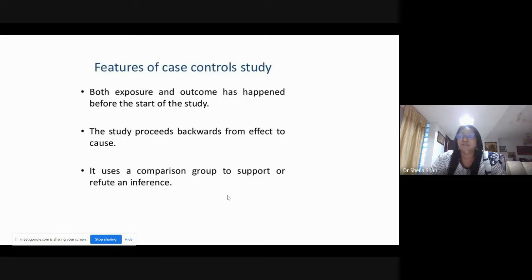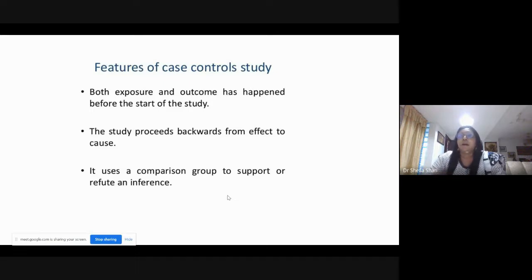This is the case control. You already gave the antibiotic, it's not done with purpose. They already developed the rashes. So the study proceeds backward from the effect to the cause.